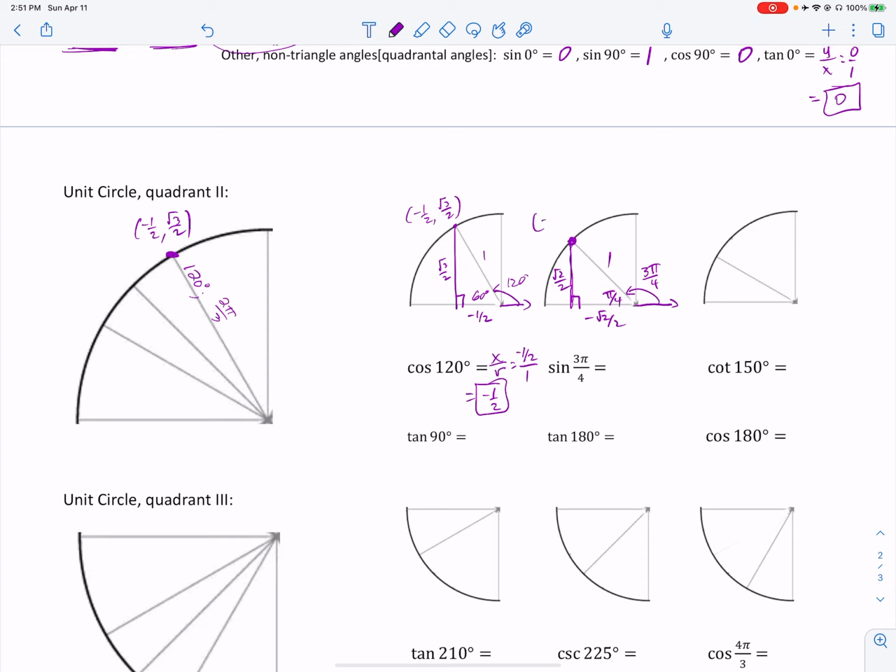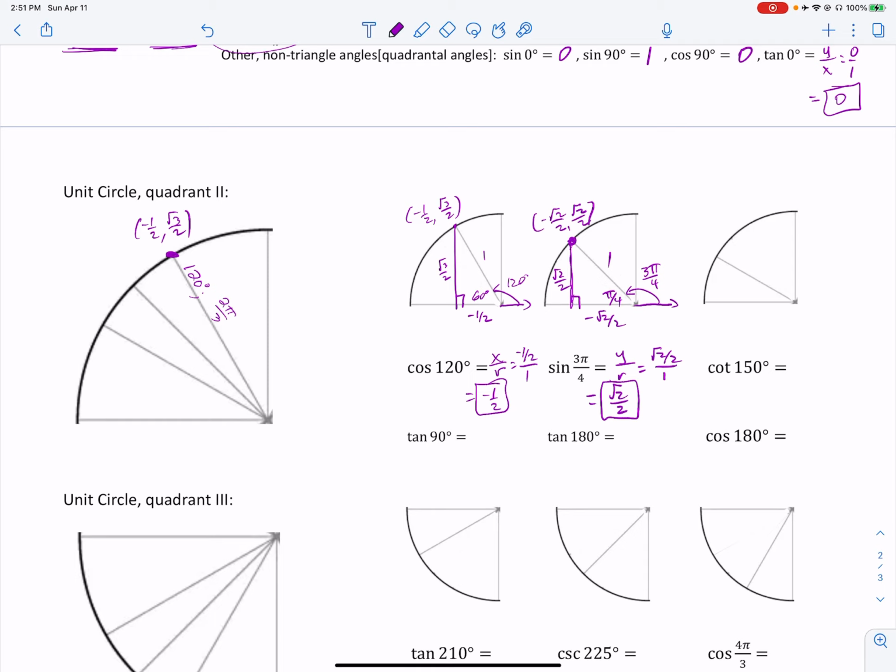So this ordered pair is negative root 2 over 2 and up root 2 over 2. And so the sine is your y over r, which is positive root 2 over 2 over 1. It is just root 2 over 2. It is the y-coordinate of the point that hits that unit circle at 135 degrees or 3 pi fourths radians.